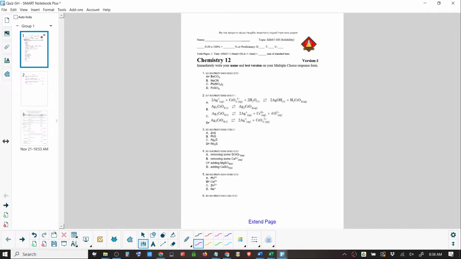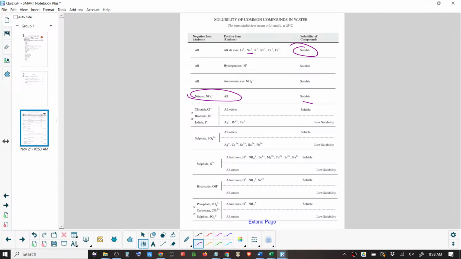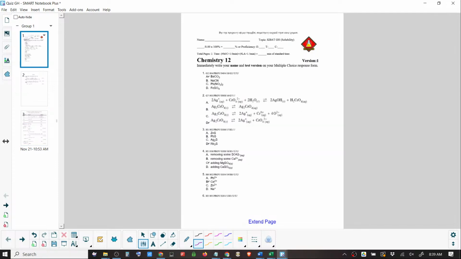And so the only one left is barium carbonate. Go down to carbonate. Where's carbonate? There it is. Unless you're one of the things that's soluble with everything, carbonates form precipitates all the time. And so it has to be A. So the only tricky one was really the iron sulfate that you would have had to look up.